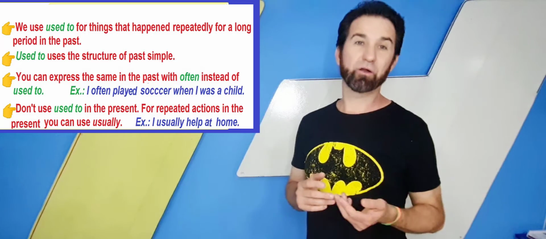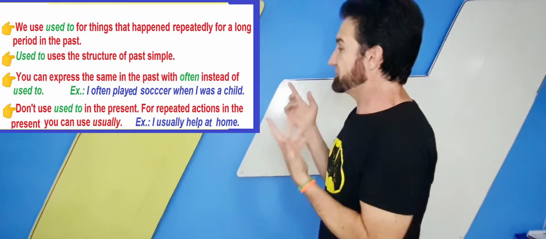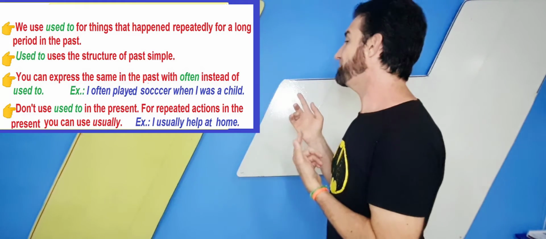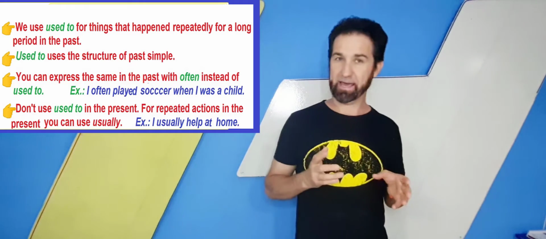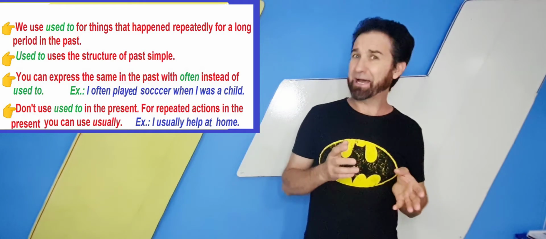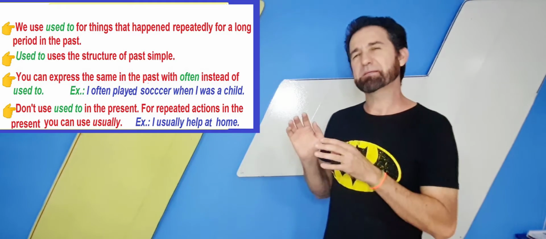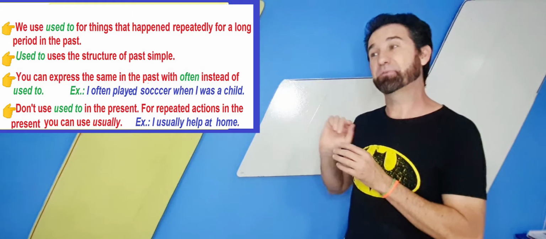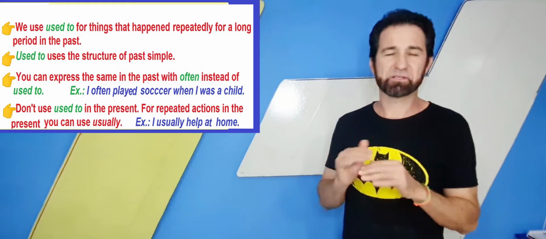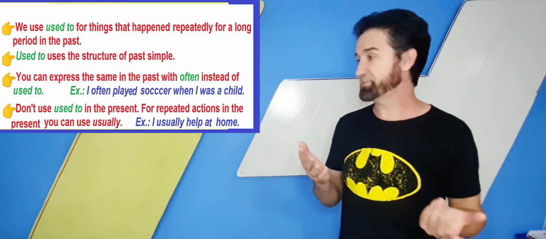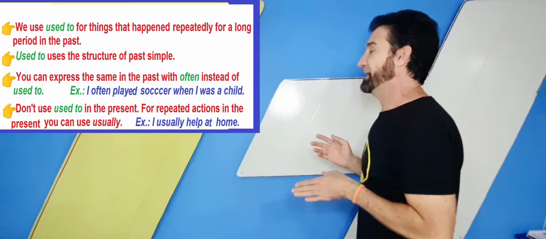Okay, let's go to four observations about used to. We use used to for things that happen repeatedly for a long period in the past. So it's similar to the past simple, and sometimes you can use the past simple in similar situations, but this is more emphasis in something that you did in the past and you stopped. Second, used to uses the structure of the past simple.